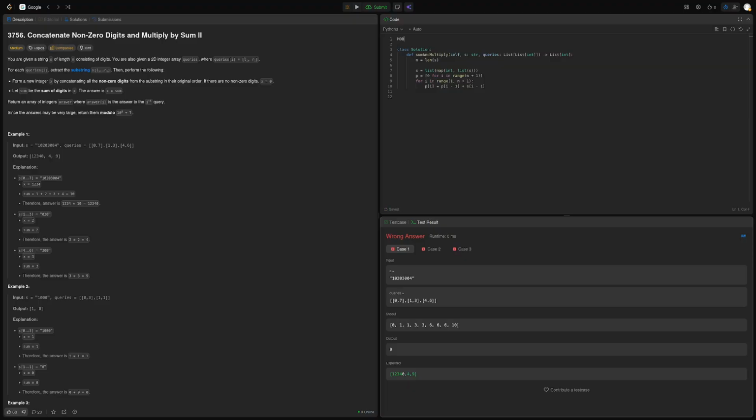So now we got that, and okay, we need modulo. We need these prefixes because we will need some substring. So we need to compute these prefixes.